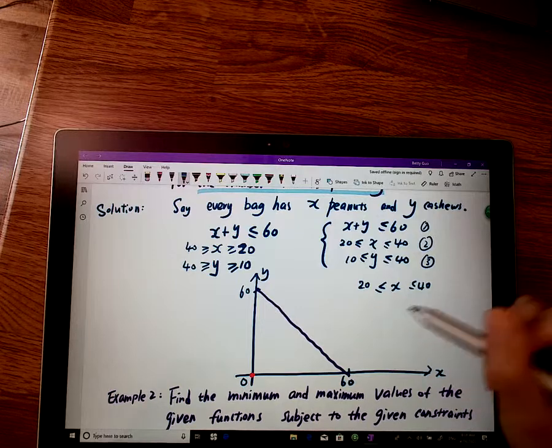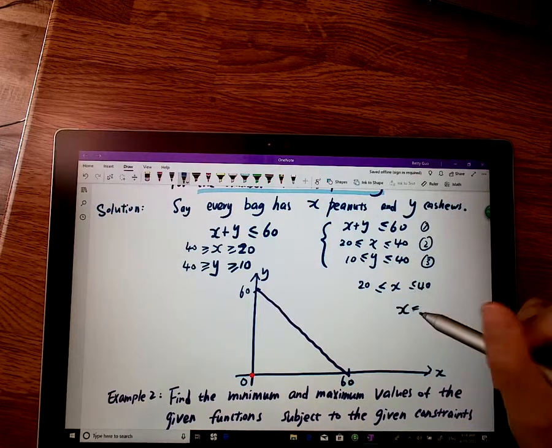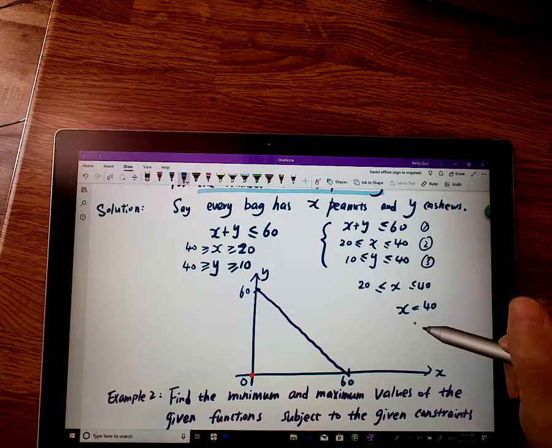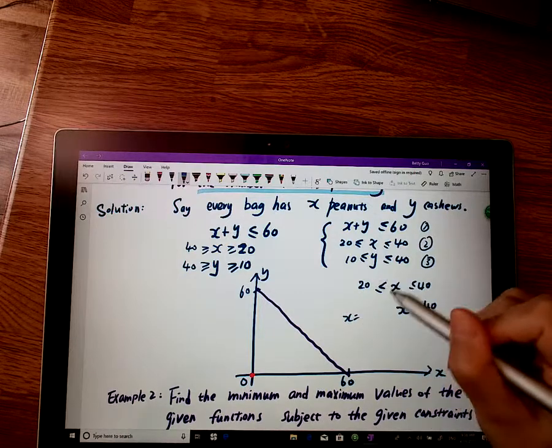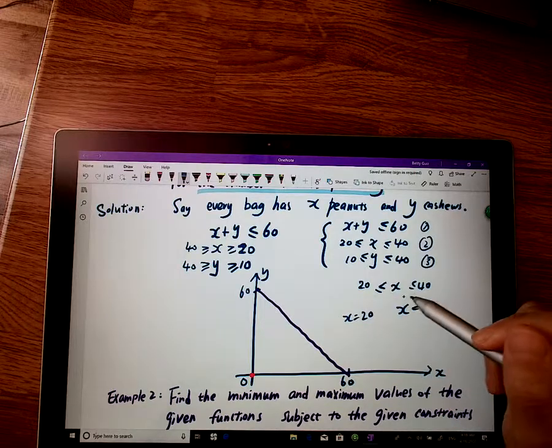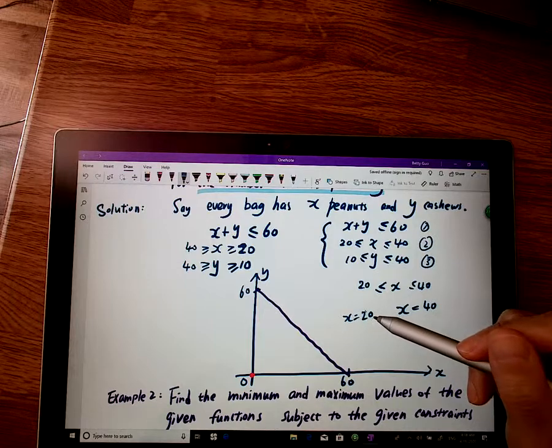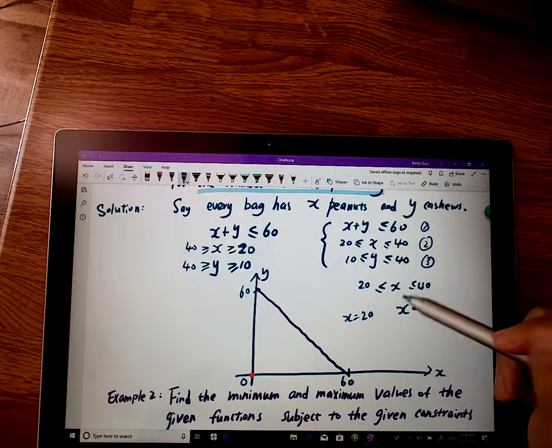Remember how we find the boundary? Change the inequality to equal. x equals 40. Change this inequality to equal. x equals 20. So the solution set has 2 boundaries, and the 2 boundaries are 2 vertical straight lines.